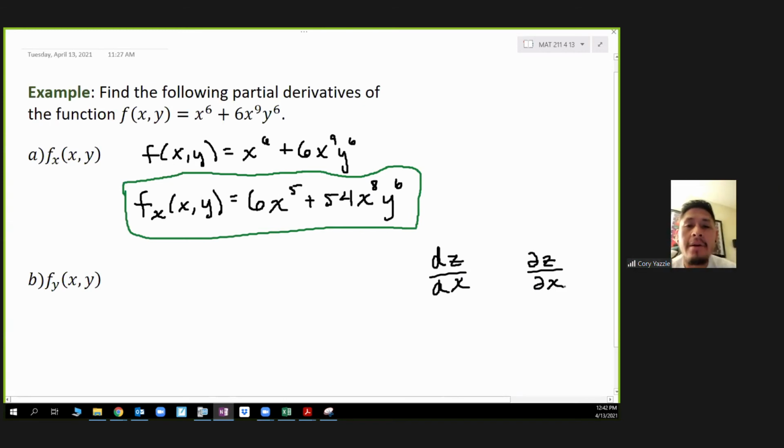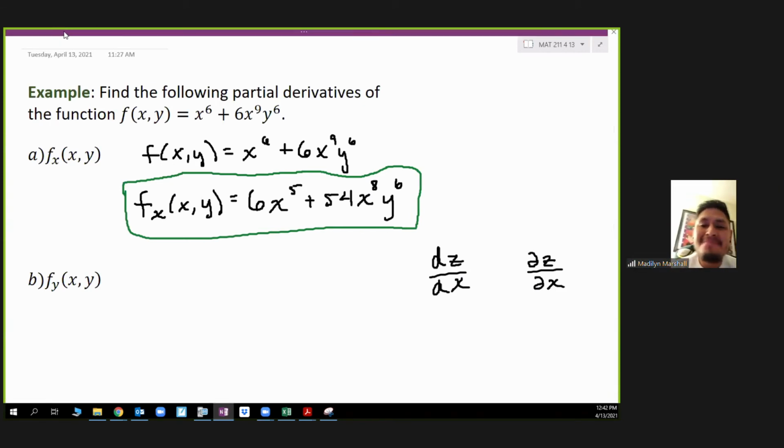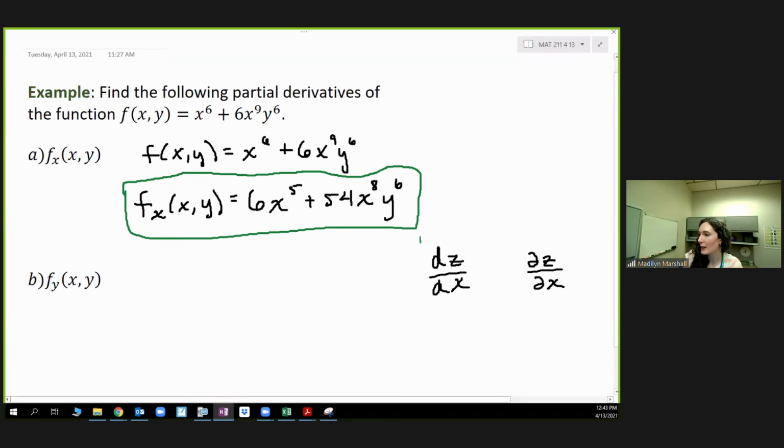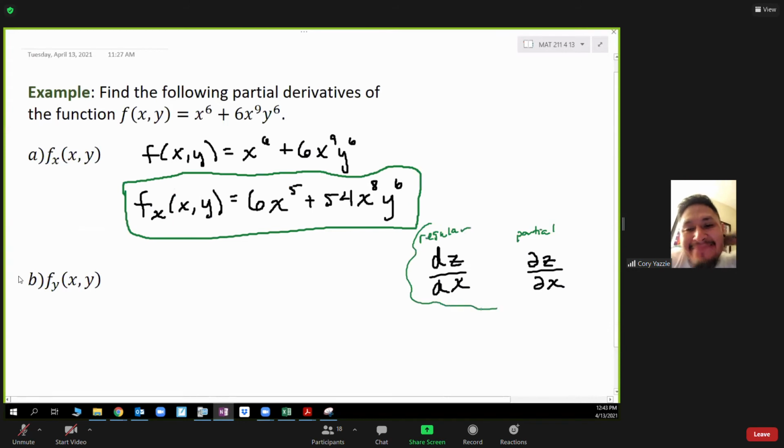Okay. So they're read exactly the same. If we're speaking, we would have to say which one we're talking about, but in writing, this is regular and this is partial. All right. I was just wondering. Yeah, it is.